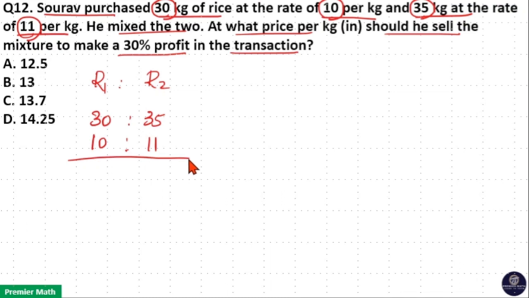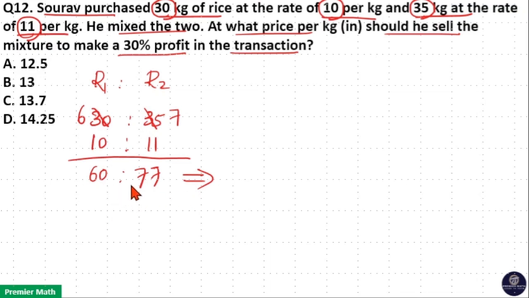Now take the ratio of prices of these two varieties. Before taking the ratio, simplify it. 5 goes 6 times in 30, 5 goes 7 times in 35. Now 6 into 10 is 60 and 11 into 7 is 77. So the price of these two varieties in the new mixture is 60 is to 77.